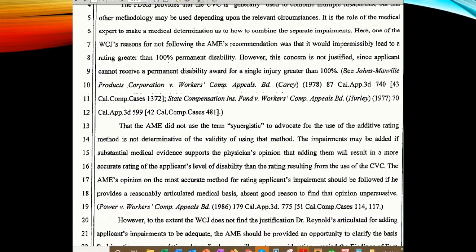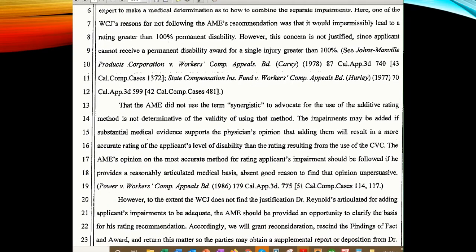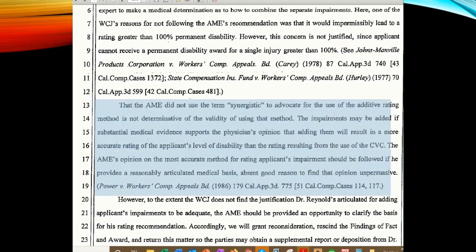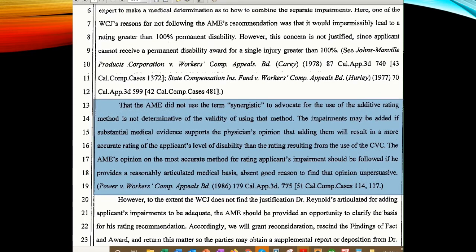Well, the appeals board tells us that a synergistic effect is not necessary. Can you believe that? It's not necessary to demonstrate a synergistic effect in order to properly add versus combine the impairments. So here, they tell us that even though the AME did not use the term synergistic to advocate for the use of the additive method, this is not determinative of the validity of using that method.